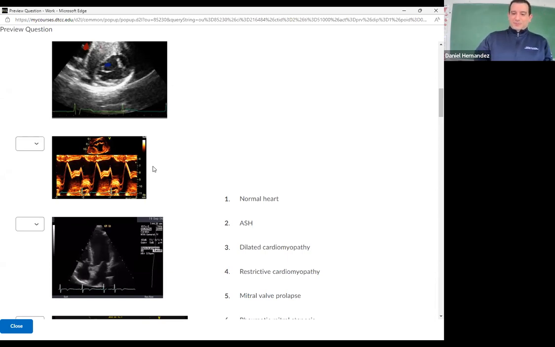Marfan syndrome. So our Marfan's patients are more likely to develop mitral valve prolapse. It's people with those connective tissue diseases.